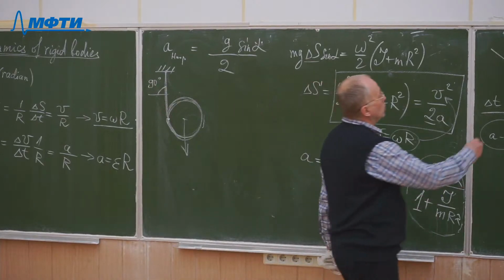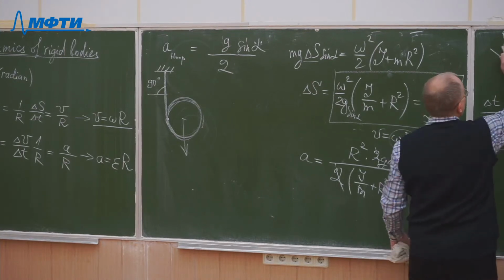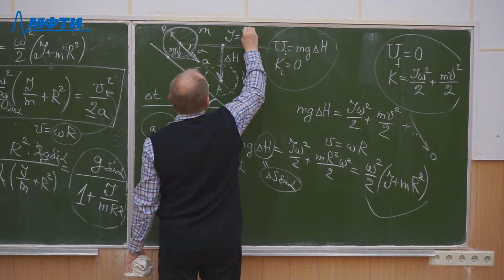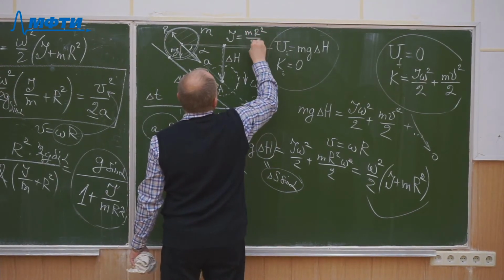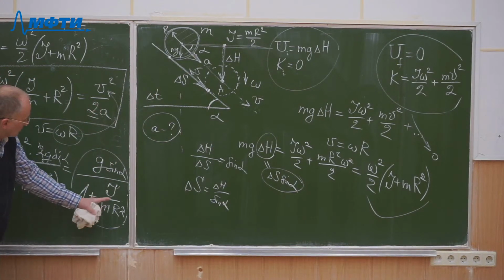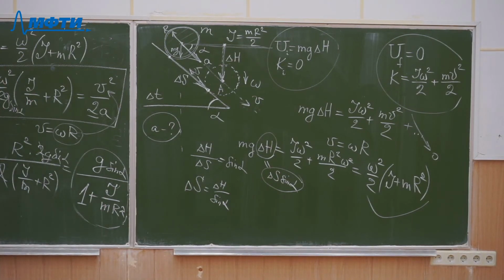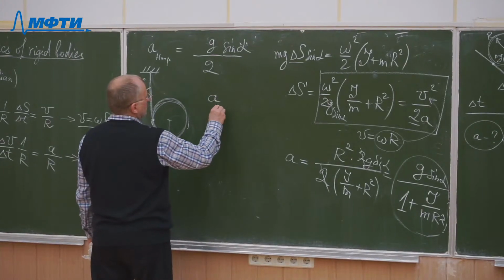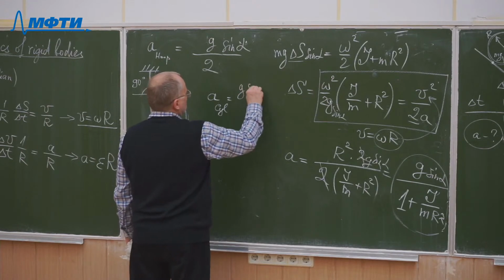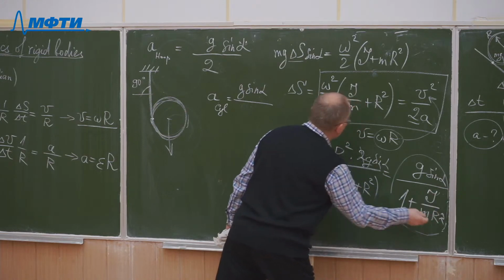However, if this is not a hoop, but a cylinder with uniformly distributed mass, we know that for such a cylinder, moment of inertia is mr squared over 2. And if we use this quantity here, mr squared over 2, then this formula will give us an acceleration of the cylinder of g sine alpha over 1 plus mr squared over 2.